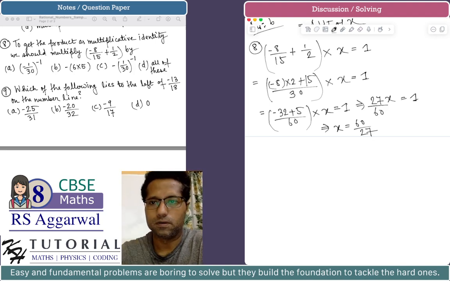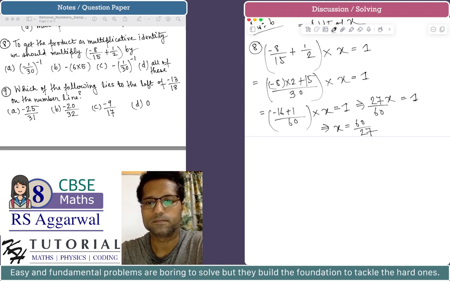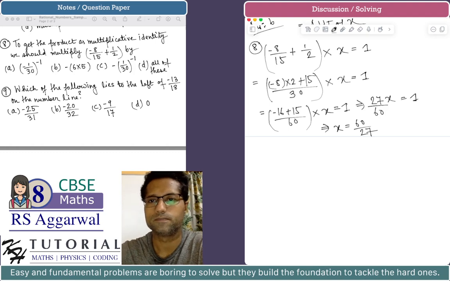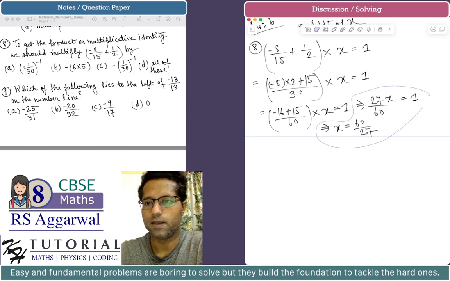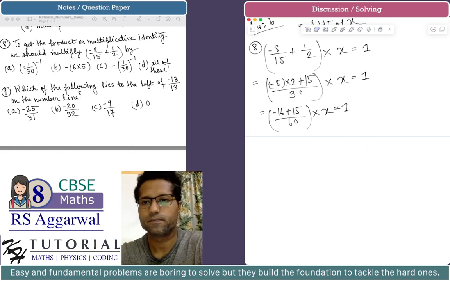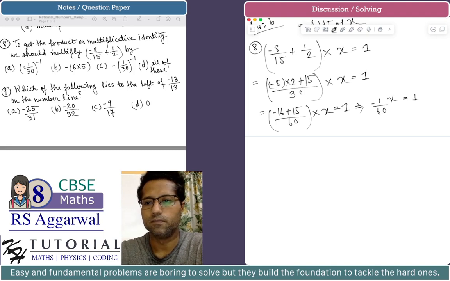So we have minus 16 plus 15 into x equals 1. So we have this. This implies that we have minus 1 by 60 x equals 1.